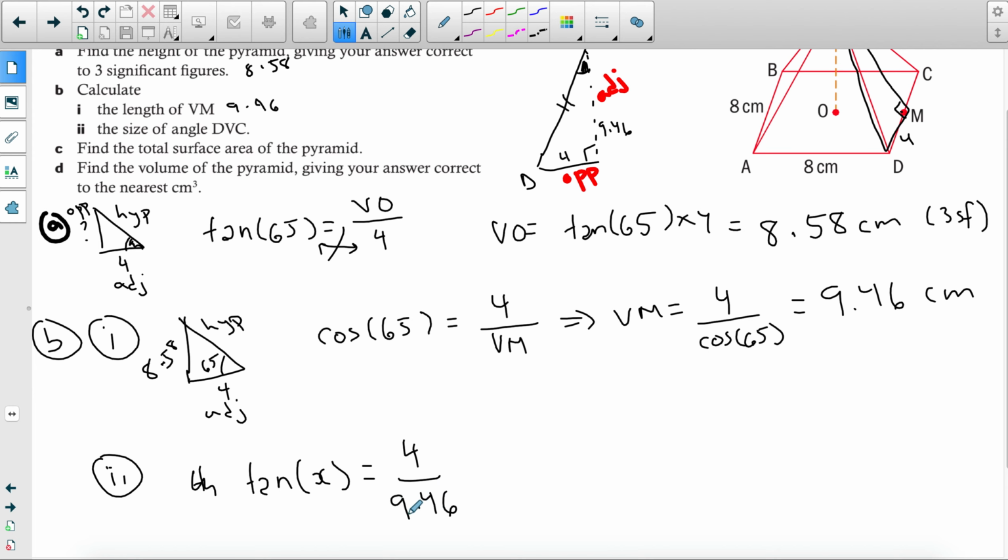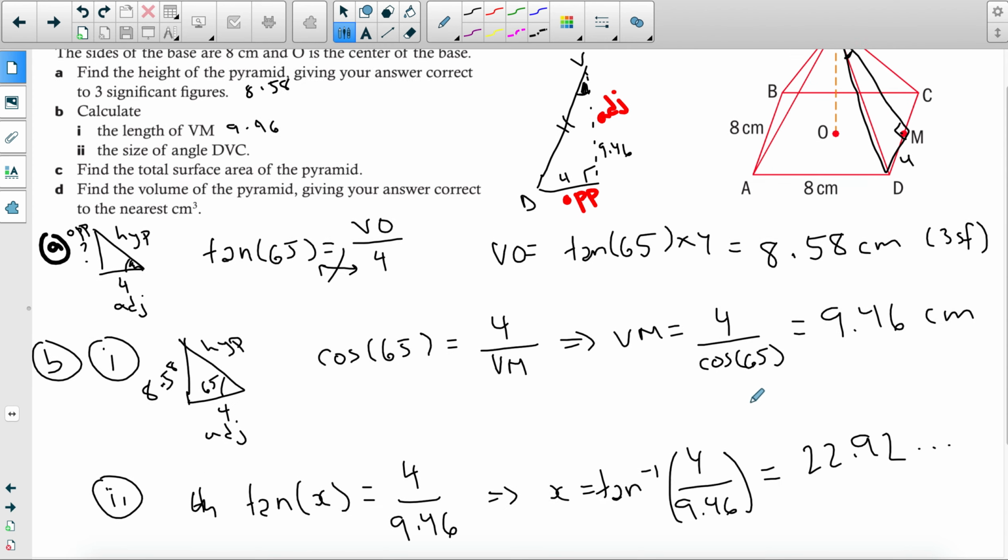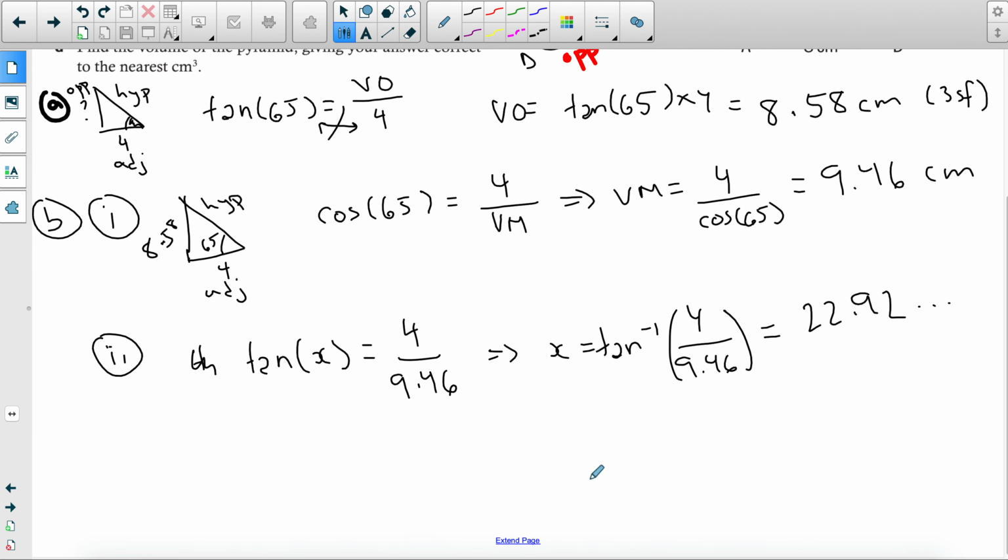In this case, we can't avoid using the 9.46, so we'll have to use it there. And so this implies that the missing angle is tan inverse of 4 divided by 9.46, which will give us 22.92 something. But remember that you need to double this.